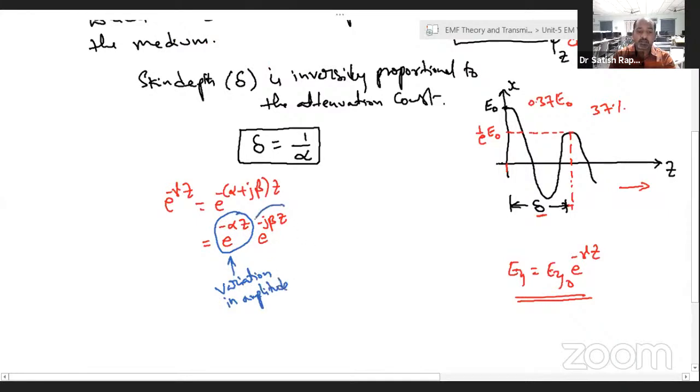Variation in amplitude, and the second term will give you the variation in phase, right? How the amplitude of the wave is varying and how the phase of the wave is varying.